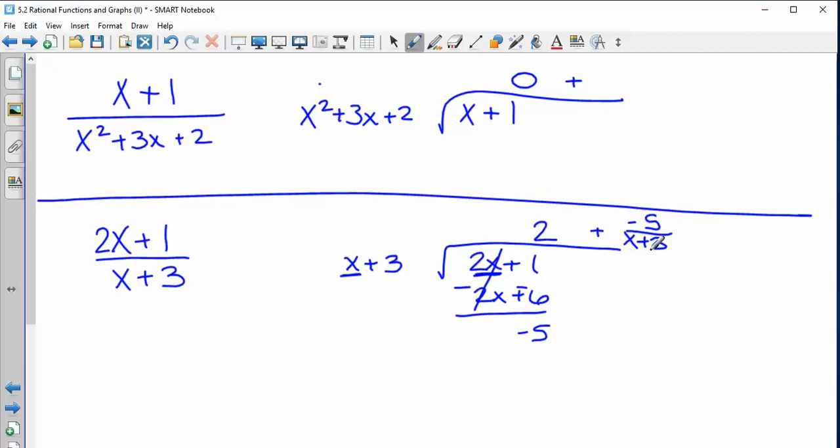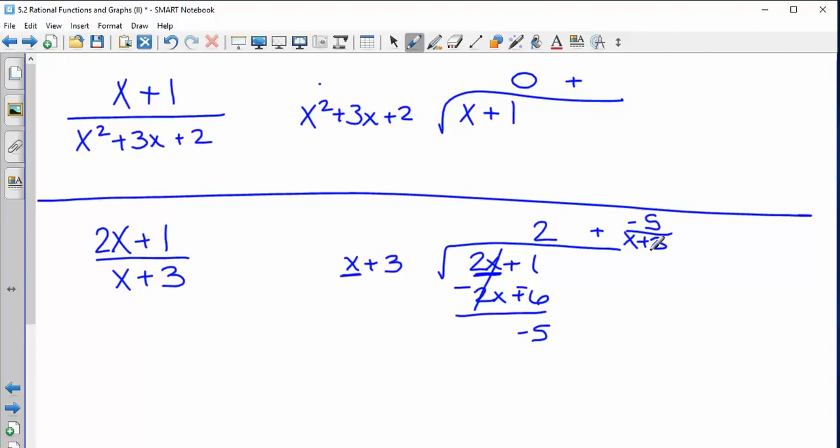The horizontal asymptote is the quotient piece without the remainder. So if it's the same degree on top and bottom, you just divide your leading coefficients. And they're horizontal, so y equals a number. Any questions so far?